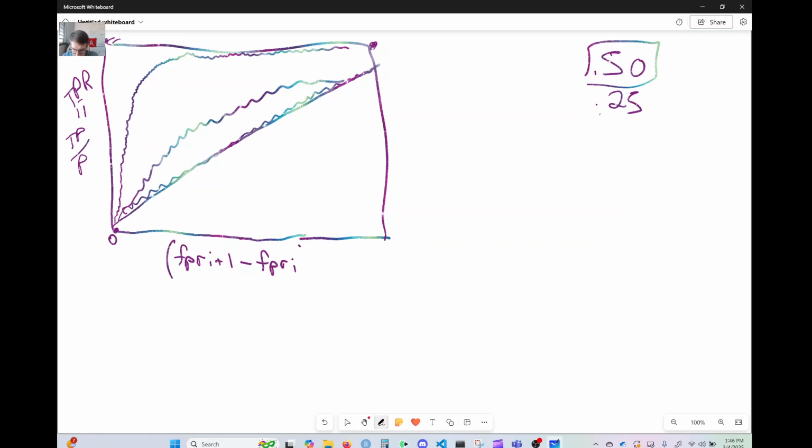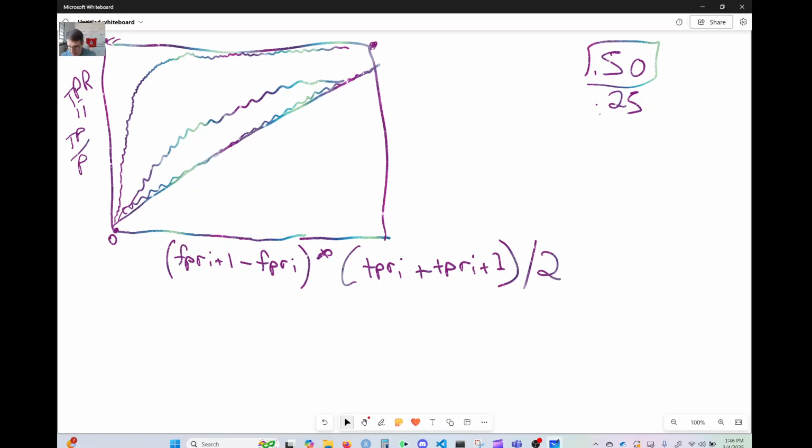That's going to be in parentheses, and we're going to multiply that by, you guessed it, the true positive rate at state i plus the true positive rate at state i plus 1. All right, and we're going to divide all this by 2. That's because we have two entries. We're going to take the average between these two things.